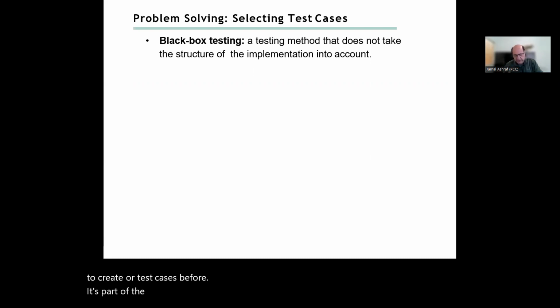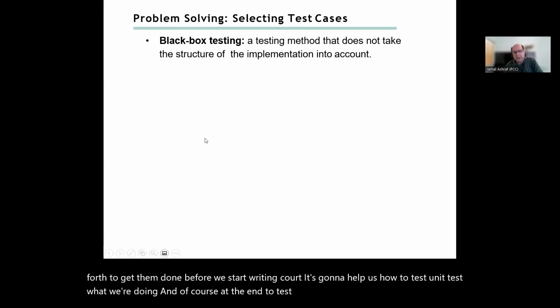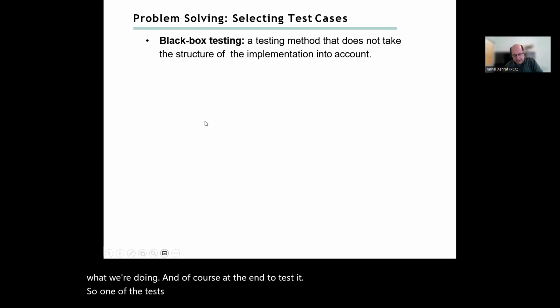We generally create these talking to the customer back and forth before we start writing code. It's going to help us unit test what we're doing, and of course test at the end.